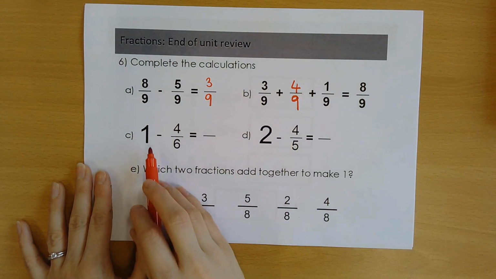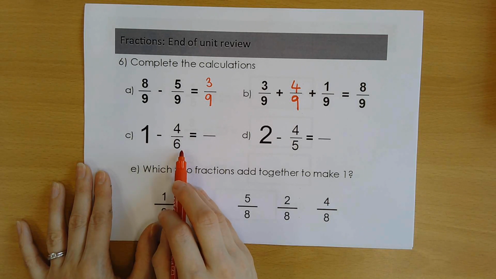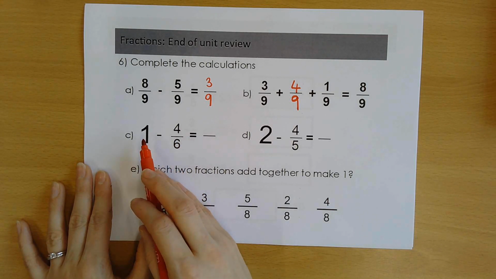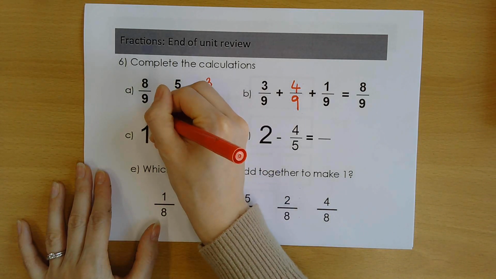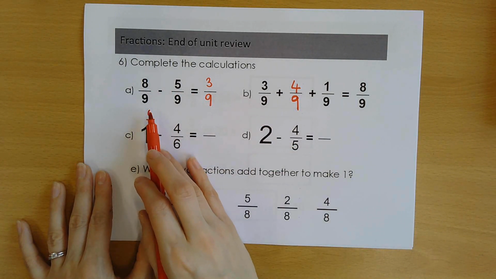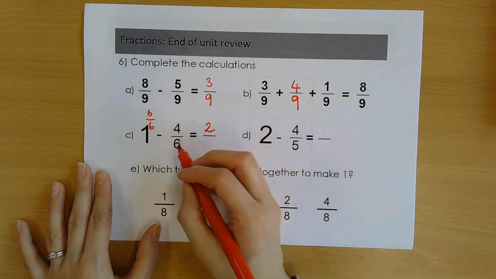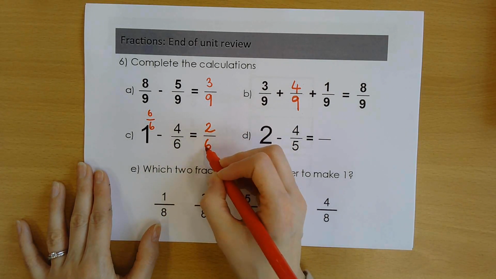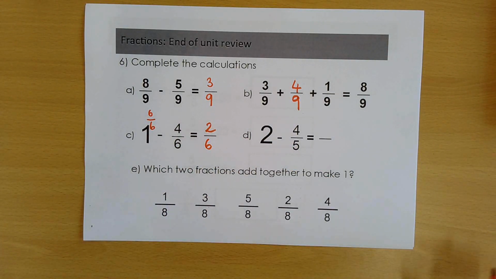Okay, for C, we should have changed 1 whole to something to do with my 6 here. So 1 whole in sixths would be the same as 6/6. So 6/6 take away 4/6. So 6 take away 4 is 2, and my denominator stays the same.